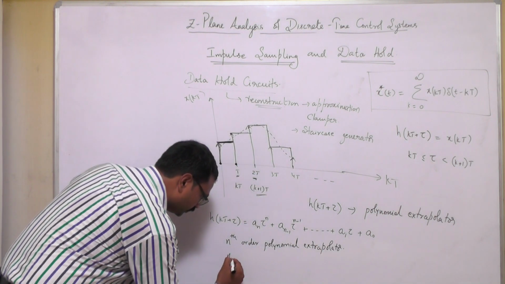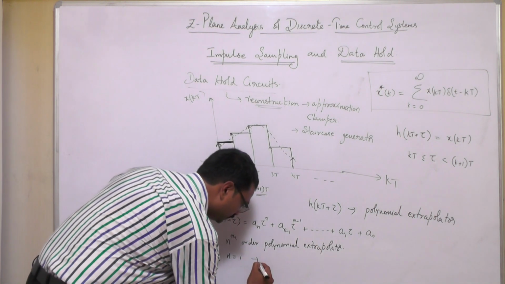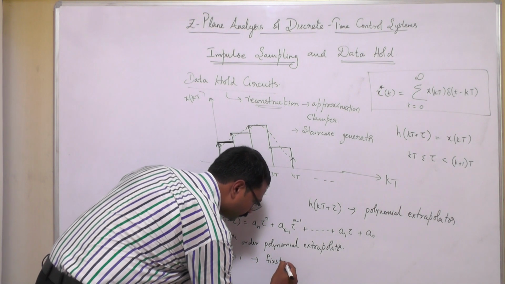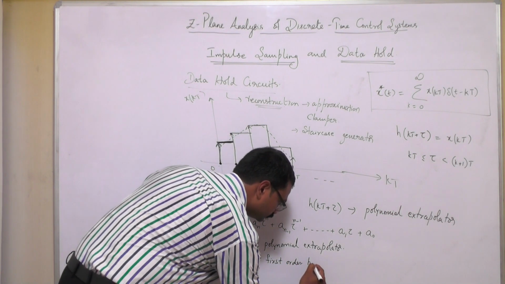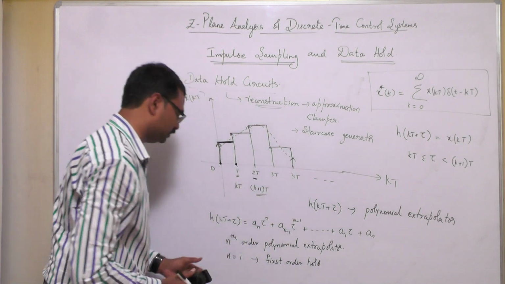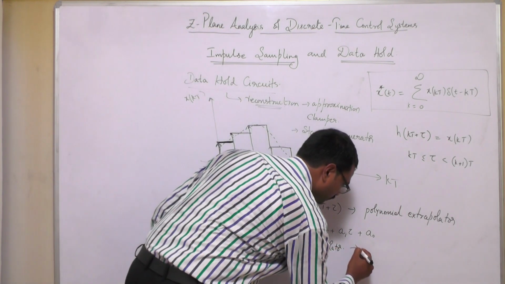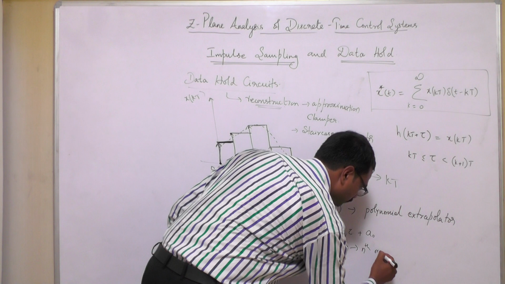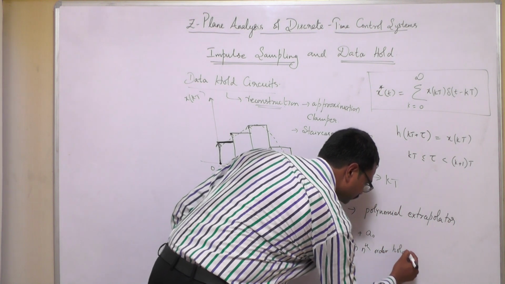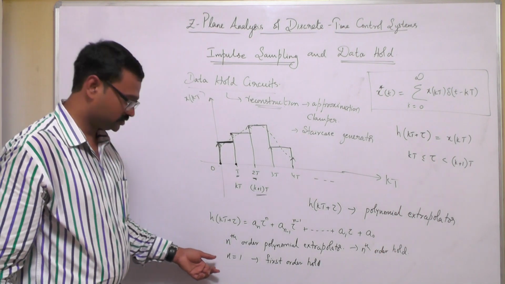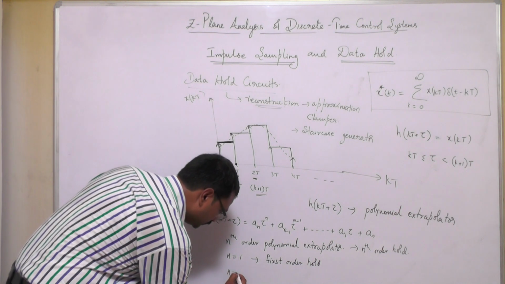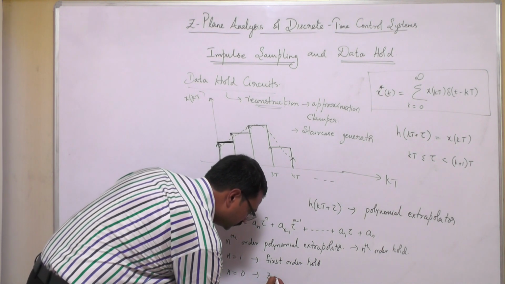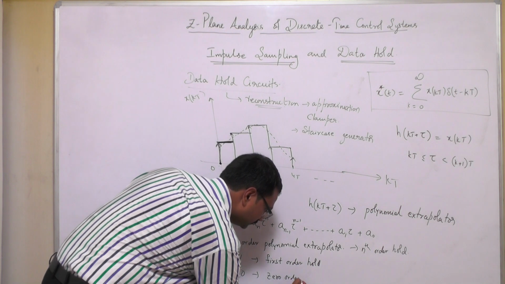Now, when n is equal to 1, you can say it is a first order hold. The nth order polynomial extrapolator can also be called an nth order hold. When n is equal to 1, you can call it a first order hold, and when n is equal to 0, you can call it a zero order hold.